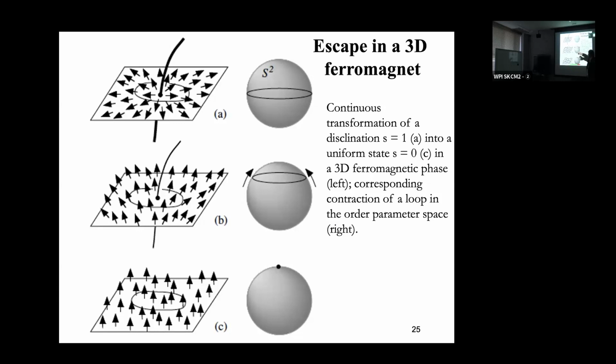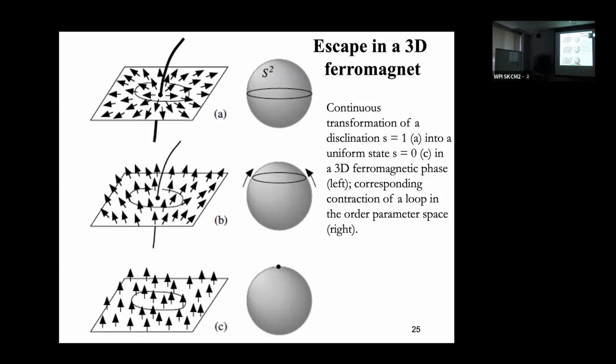In that cross-section, it's exactly this. But once I allow these unit vectors to tilt out of that plane, so they take 2-dimensional orientations, that means you go from the order parameter space being a circle to becoming a sphere, S2.